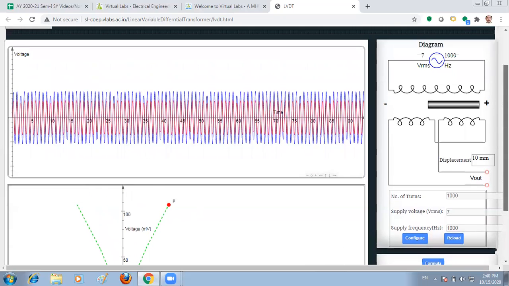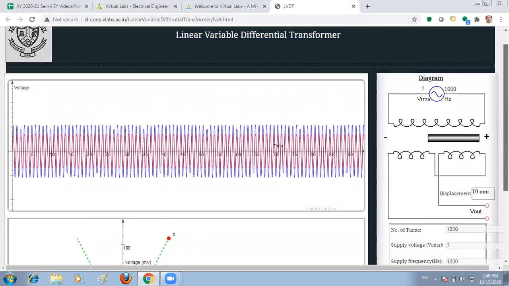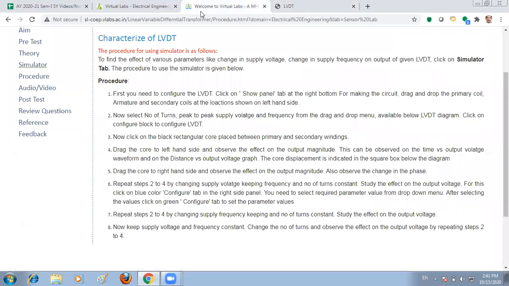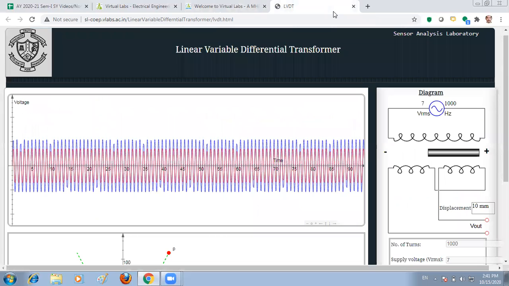So this is the experiment of LVDT, that is linear variable differential transformer. In the same way you can perform this experiment. Thank you for watching this video.